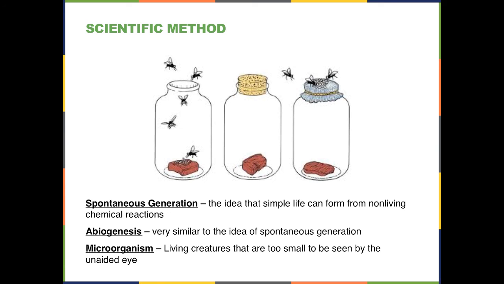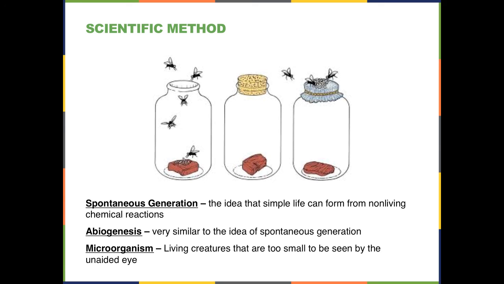Now, what this experiment shows: the first jar was open and the flies came in, and the maggots would form. The second jar was sealed with a non-penetrable seal. So the odor and things that would cause the exterior environment to know that there's meat there could not penetrate the cork that was in the second.